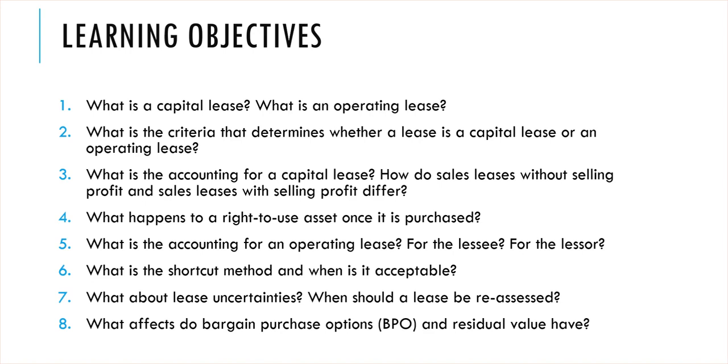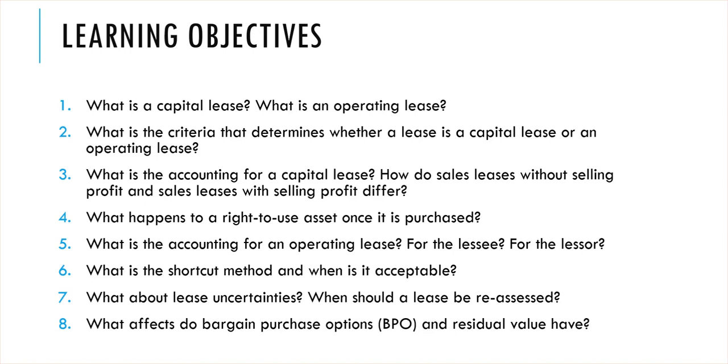Whereas under a capital lease, you would consider that rental to be actually a sale and a purchase. And the criteria in learning objective 2 determines whether you should record it as a sale, which is a capital or finance situation, or as a rental, an operating lease.